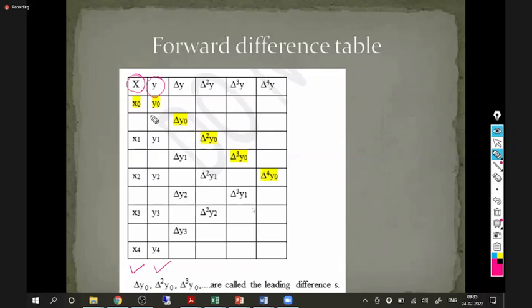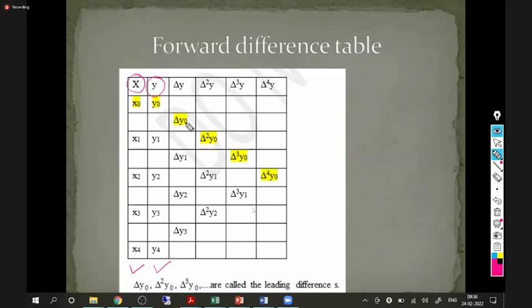This is the way I generally prefer to write the table. When the values of x and y are given, write them in alternate lines of your notebook. On ruled pages, leave one line so that at the center you can write this number. What is delta y0? It is just y1 minus y0.